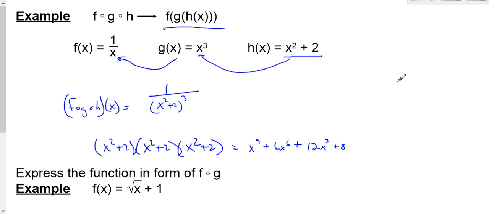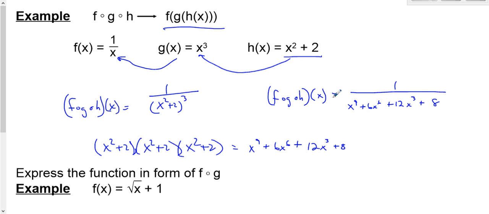And so we have 1 over all of that. Which is then going to give us our final simplification of f of g of h.